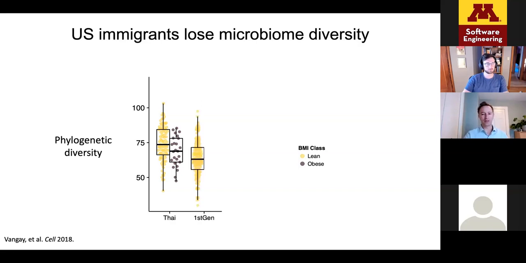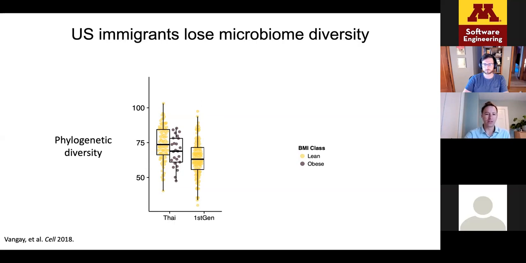Now, the next group is first generation, and you can see diversity has gone down again. And it's almost twice the effect of obesity. So these are lean individuals living in the US who were born in Laos or Thailand or Burma, and their diversity has gone down twice as much as the people still living in Thailand who have obesity.